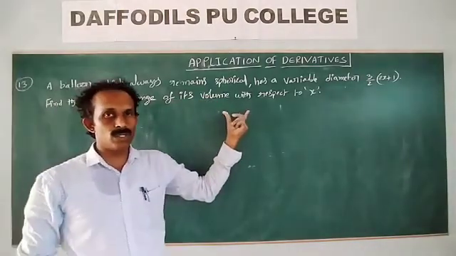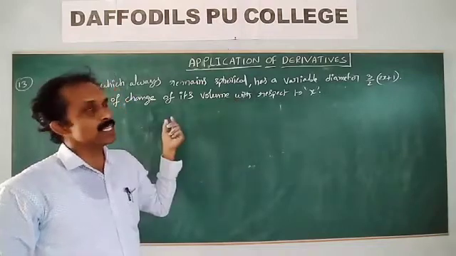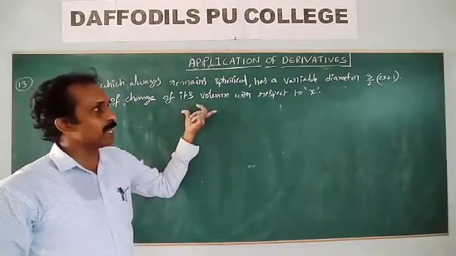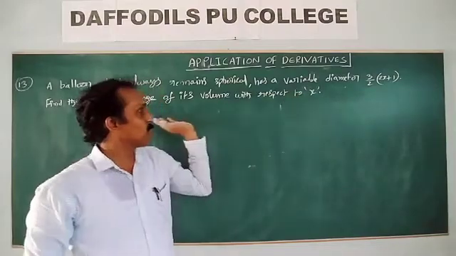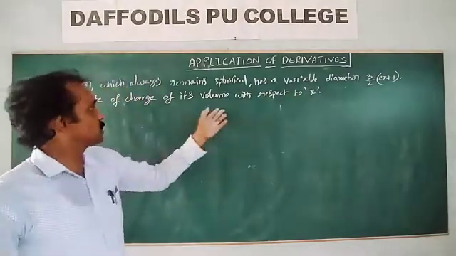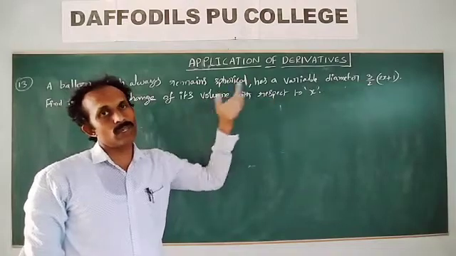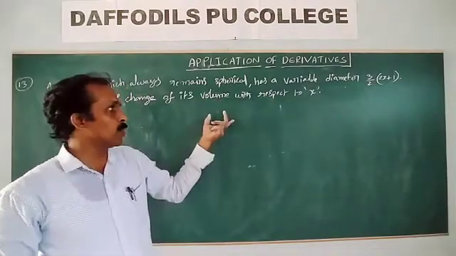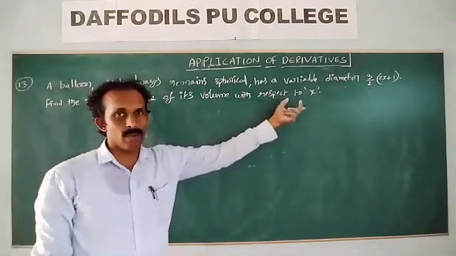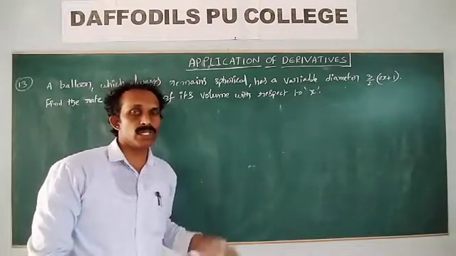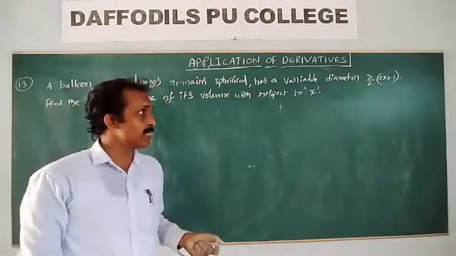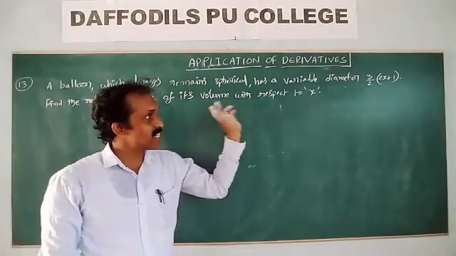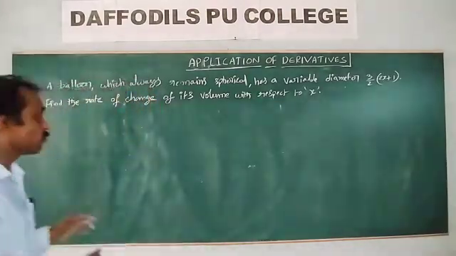V is equal to 4 by 3 pi r cube. Change in volume means dV by dx, with respect to x. With respect to time it would be dV by dt, but with respect to x it means dV by dx. So first of all, read the question clearly and understand it.